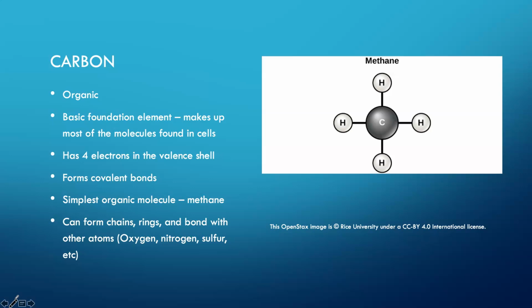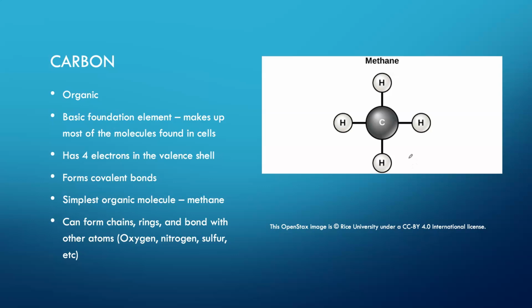Now, when we use the term organic in science, we don't mean that food was grown in a specific way without certain pesticides. What we mean is it's a molecule that contains both carbon and hydrogen. So the molecule that you see over here is actually the simplest organic molecule. So it has one atom of carbon and 4 atoms of hydrogen, and it's methane gas.